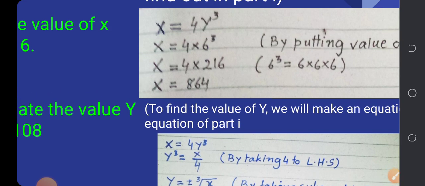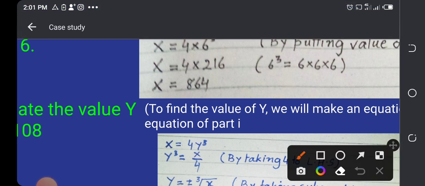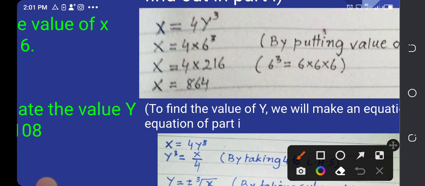I'm repeating how we find the value in the question. They have already given us the value of y, which is 6. We just put the value of y into the equation x is equal to 4y cubed, which we already found in part 1.